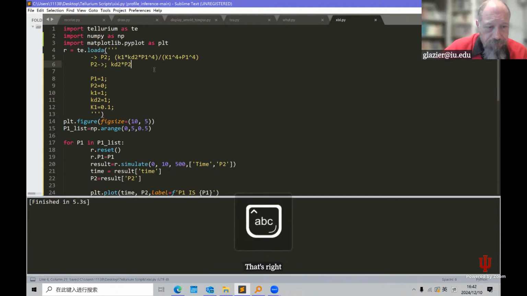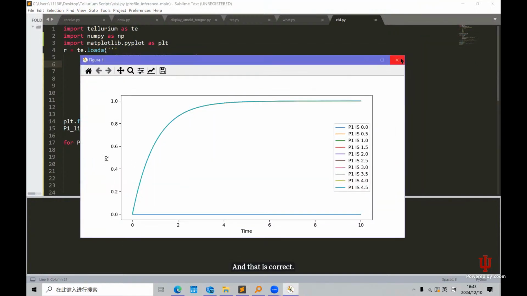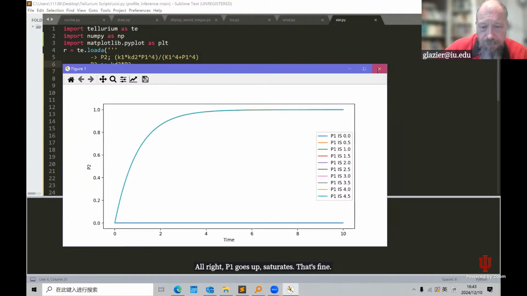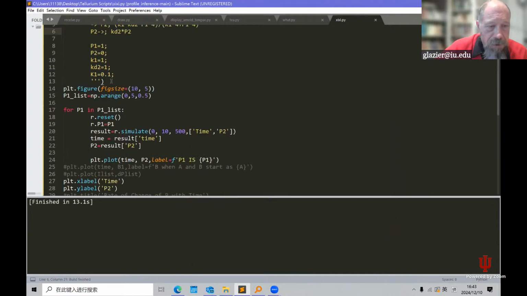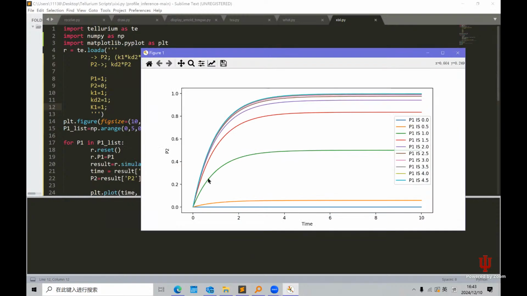There we go. Now it's correct. So now P2 goes up and saturates. That's fine.